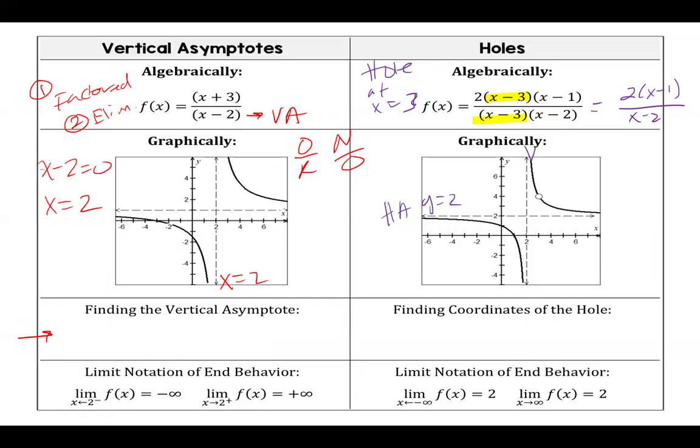I have a vertical asymptote at x equals 2, which makes sense because what was left in my denominator? The x minus 2, right? If I plug 2 in, that would make it 0 in the denominator, and it's a no-go for 0 in the denominator. And then you can clearly see my removable discontinuity at x equals 3.